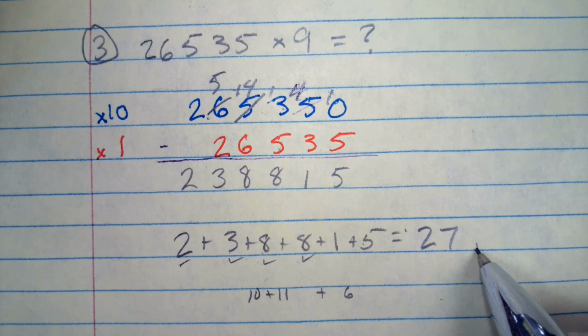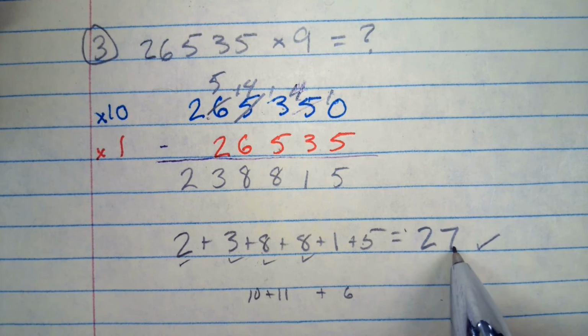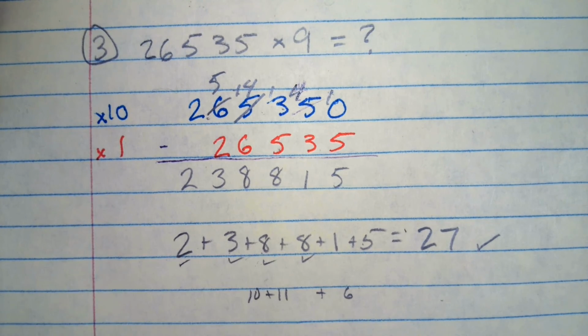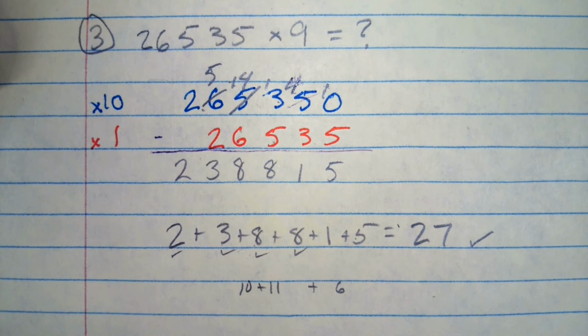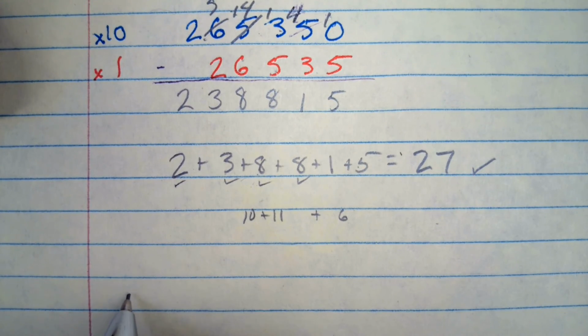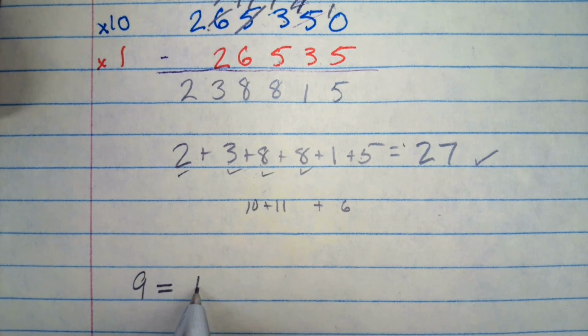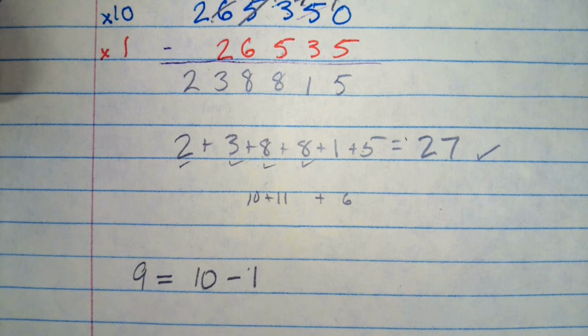And that is divisible by 9, 2 plus 7. So, in essence, for any number that we get, we can remember that 9 is the same thing as 10 minus 1, and we'll be able to simplify quickly.